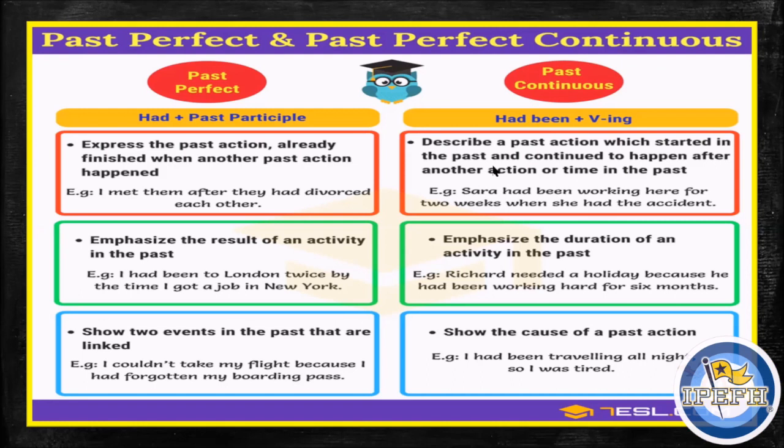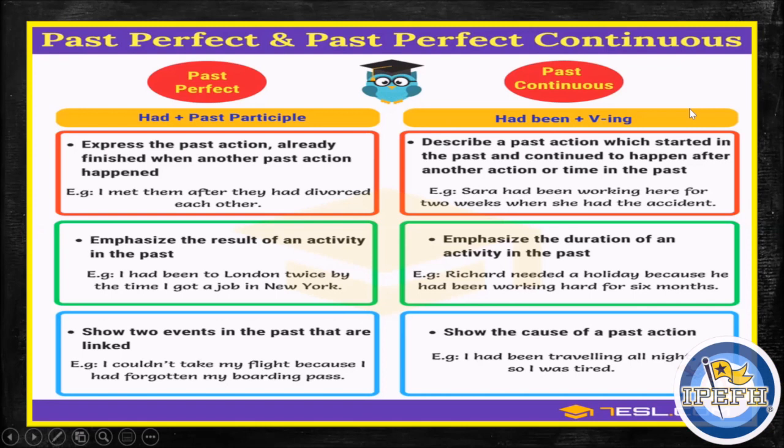We use it also to emphasize the result of an activity in the past. For example, I had been to London twice by the time I got a job in New York. And also we use it to show two events in the past that are linked. For example, I couldn't take my flight because I had forgotten my boarding pass.